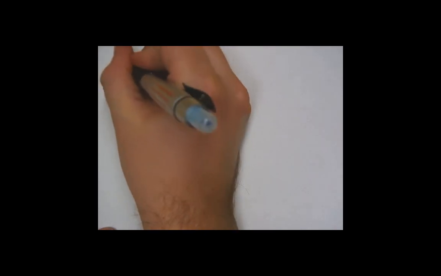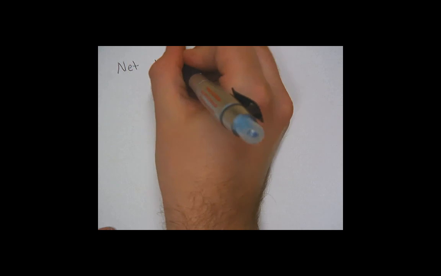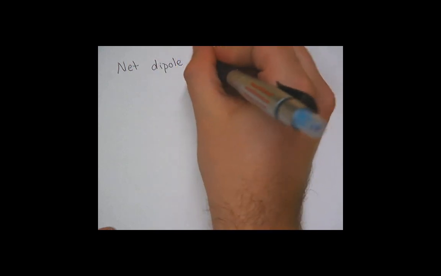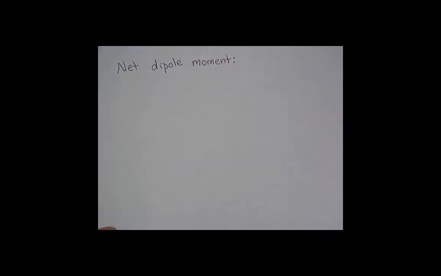Now, to finish off this particular lesson, I want to talk about something that's not covered well in your notes, and that is the net dipole moment. In particular, the net dipole moment is important when we stop looking at just a single bond and we start looking at a molecule made of many bonds.